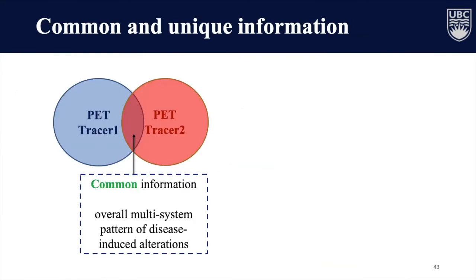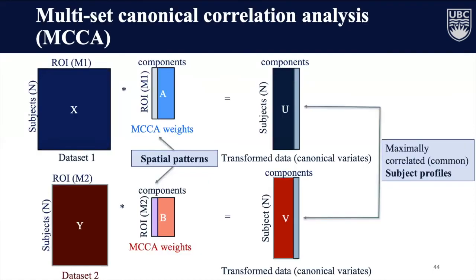So we want to look at the common information between different imaging data sets. Here are two examples of two different PET tracers. The common information between the two tracers reflects an overall multi-system pattern of disease-induced alterations. To extract this common information, we proposed to use multi-set canonical correlation analysis, or MCCA. This is an example with two data sets.